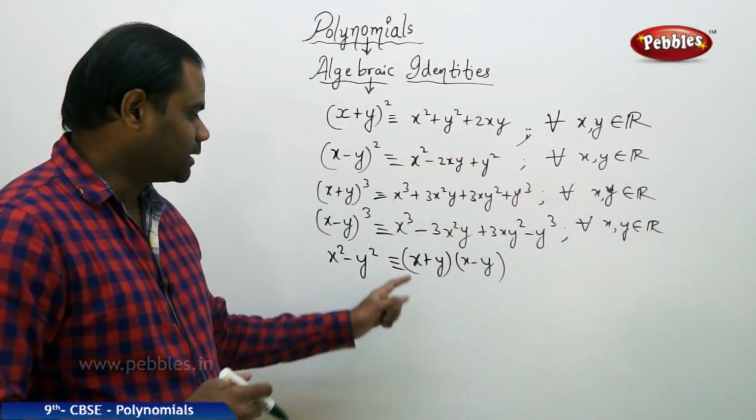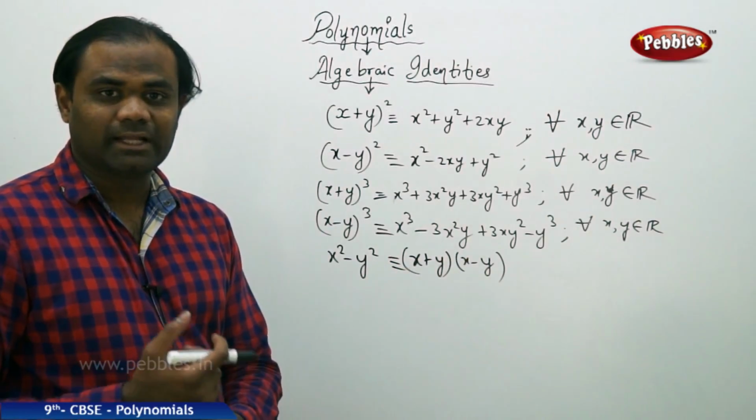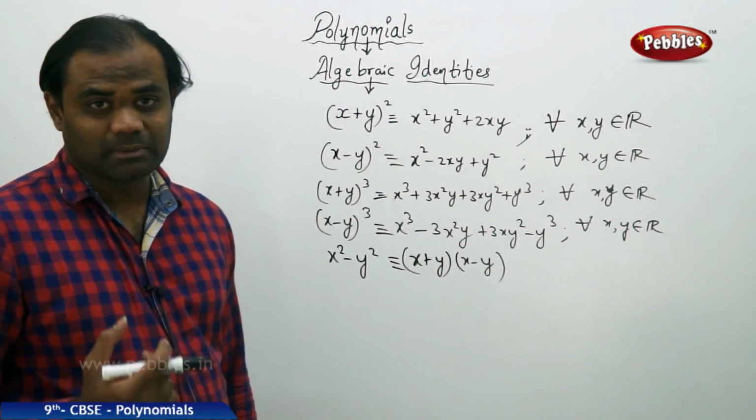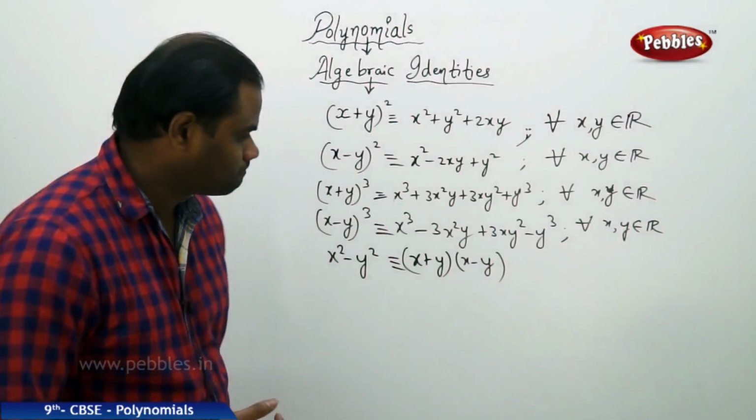This is how I identify the identity x square minus y square equals (x plus y) into (x minus y).